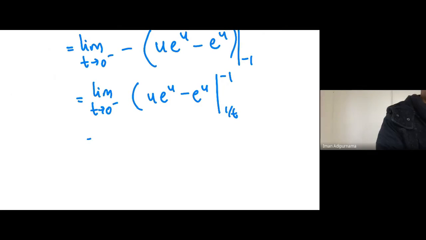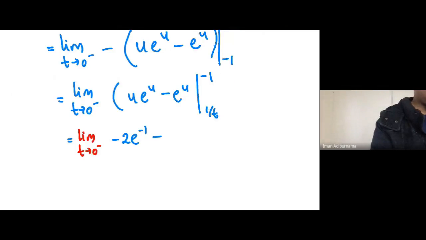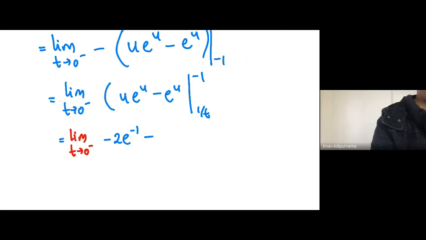and now let's maybe make red. So negative 2 e^(-1), right? If we plug in here, it's -1, right? Okay. And the other is 1 over t.